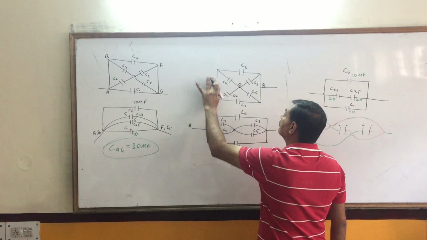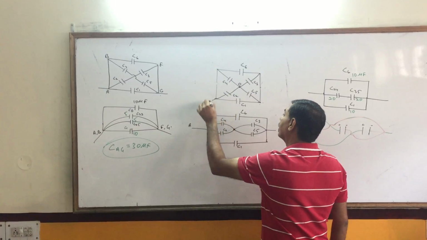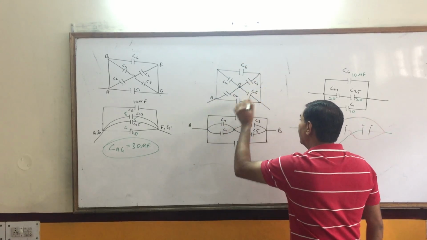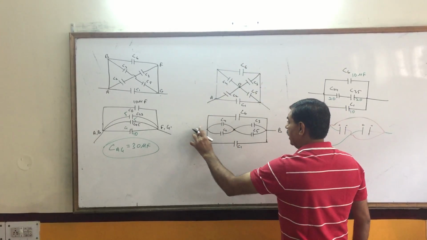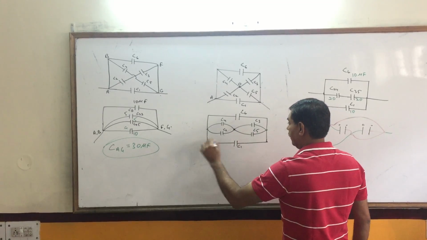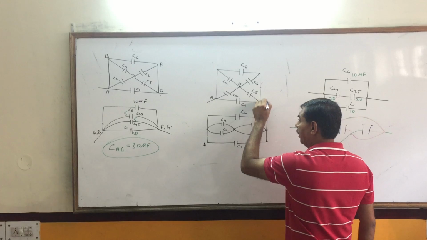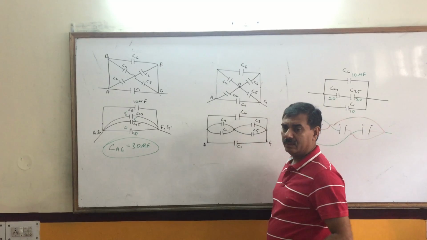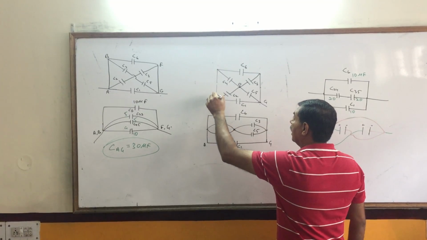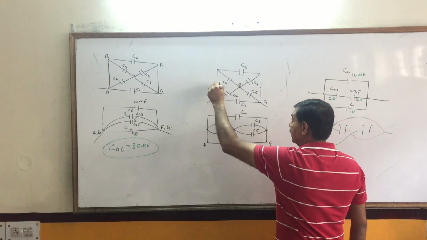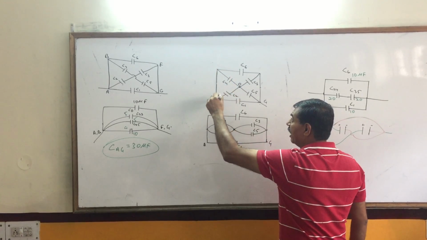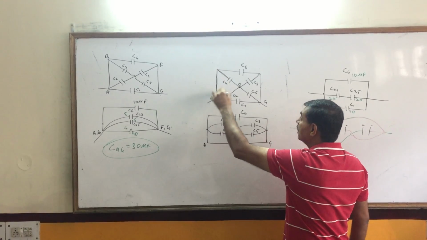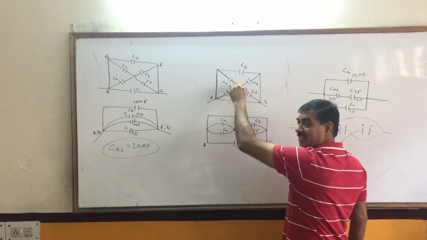Okay, this. C6 is directly connected, no problem. Between A and G, C6 is connected, C1 is also connected. Now look, between A and O, C4 and C2 are in parallel because of this and this, and this.